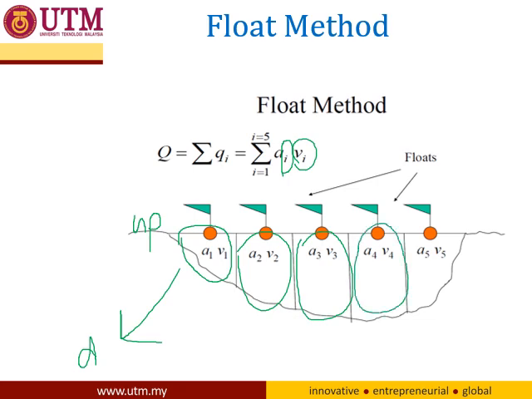That's why, to be more accurate, you need a straight reach or straight river, where the cross section area does not differ much along the line. That is how you measure the Q using the float method. You divide the reach into sections, work out the cross section area A and the velocity, and then you average them and you will get the Q.